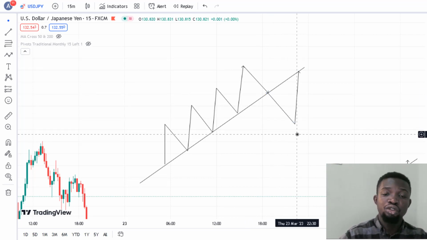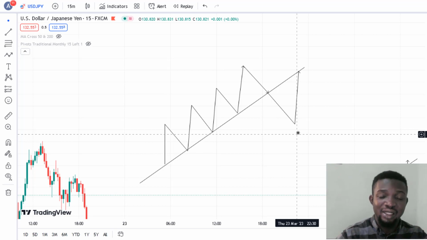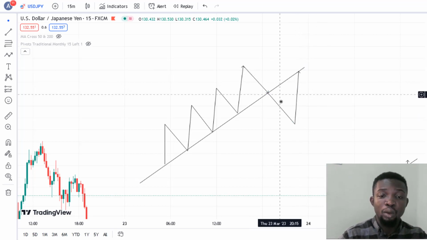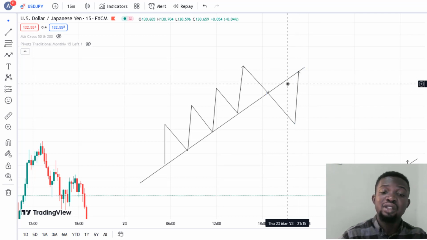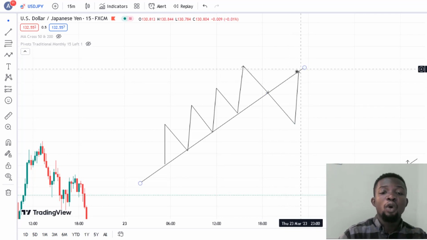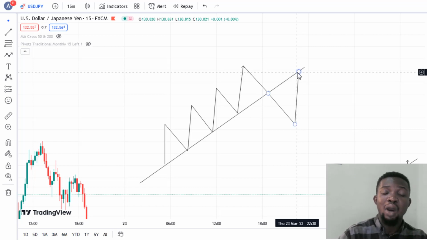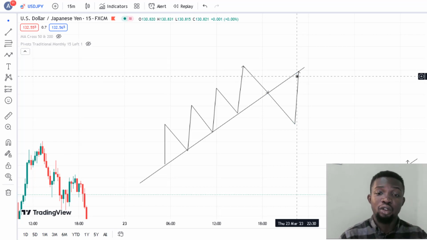But to trade the break and retest strategy successfully, you must wait for a retest like this. Price must come back to retest this trend line. So when price comes back to retest this trend line, that is where our candlestick formation comes in.